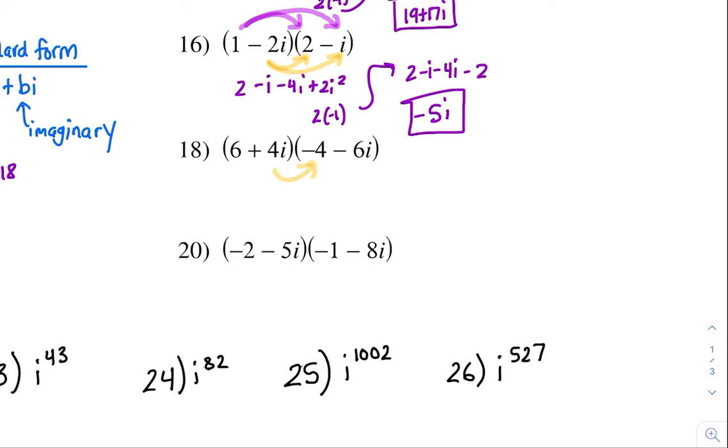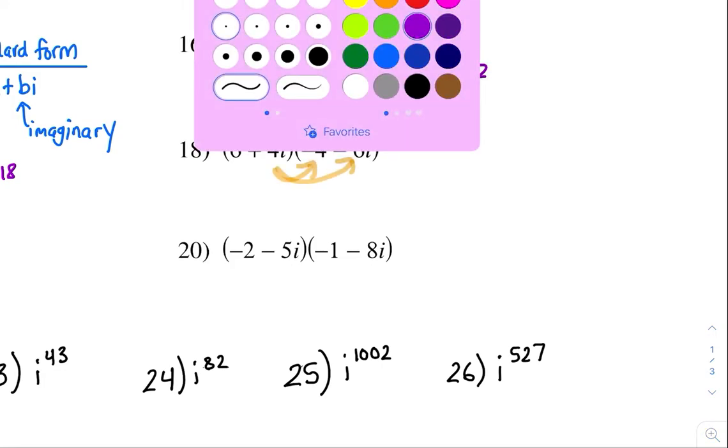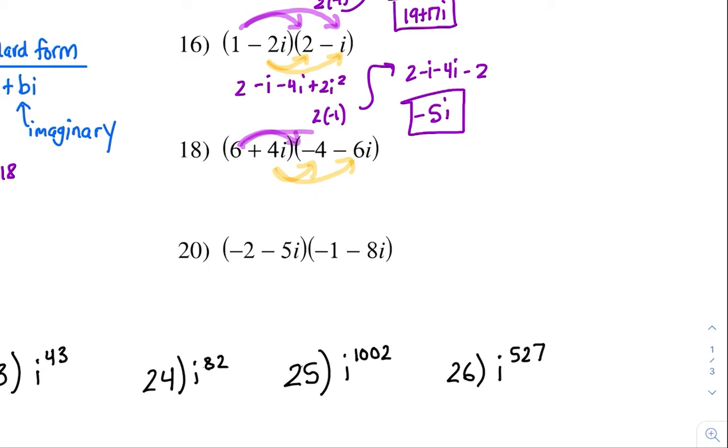18. Distribute. Six times negative 4 is negative 24. 6 times negative 6 is negative 36i.